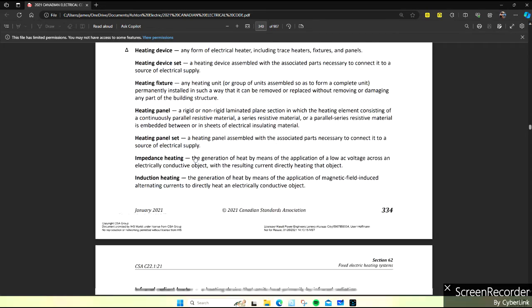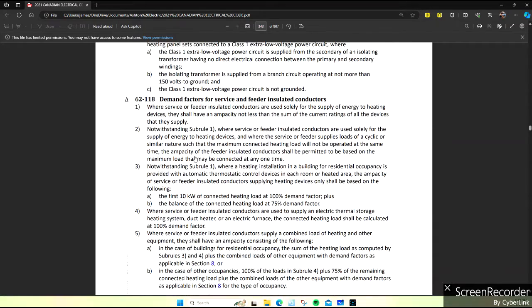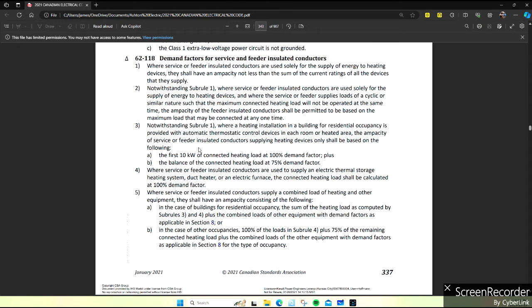So I'll slide my code book over here. Let's go look at that. If we go look at section 62, Rule 118, Subrule 3, right down here, it basically says where heating installation in a building for residential occupancy is provided with automatic thermostatic control devices in each room or heated area, the ampacity of service or feeder insulated conductors supplying heating devices only shall be based on the following. So in A200, it's saying you had to do 100% of what it was rated for.